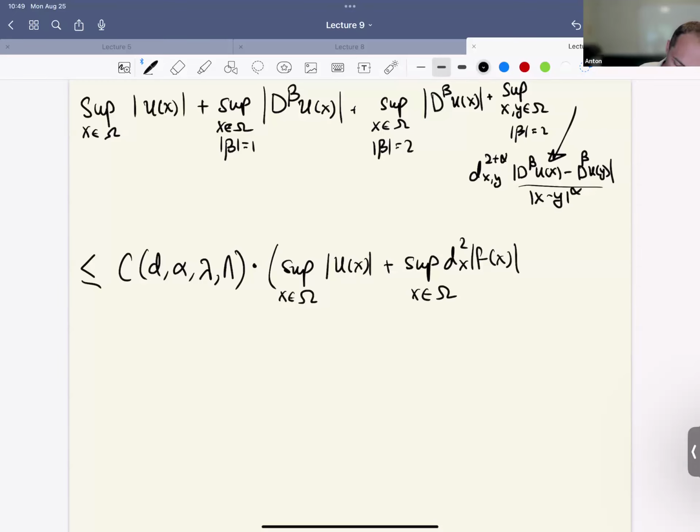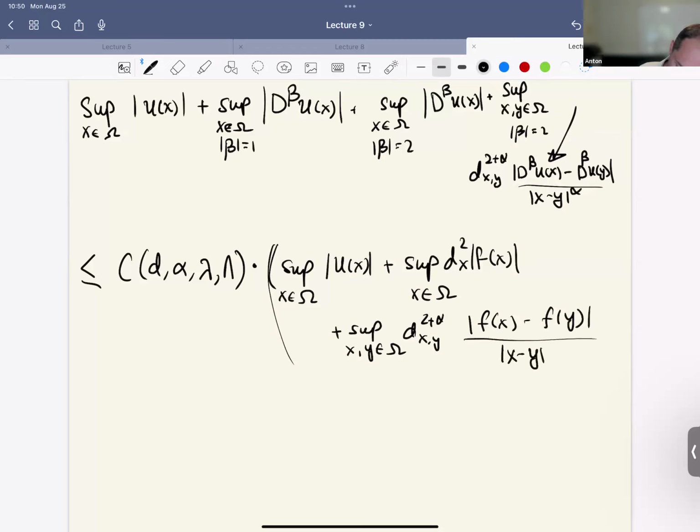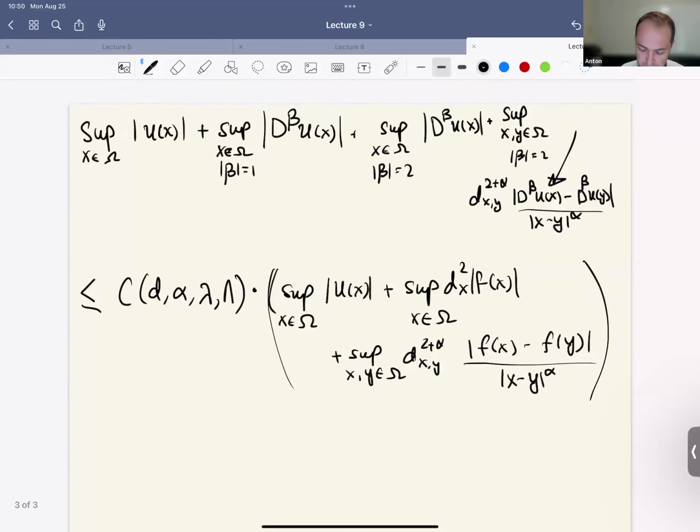And remember, f is the test function in the Poisson equation. Plus supremum x, y in omega, d(x,y) to the 2 plus alpha, f of x minus f of y over x minus y to the power of alpha. So this is the result.